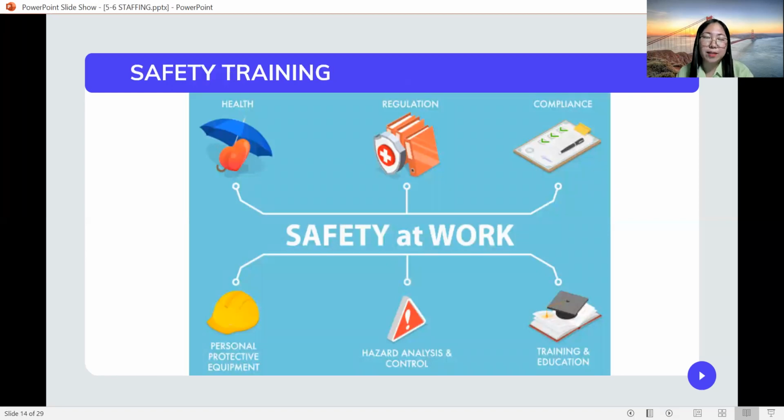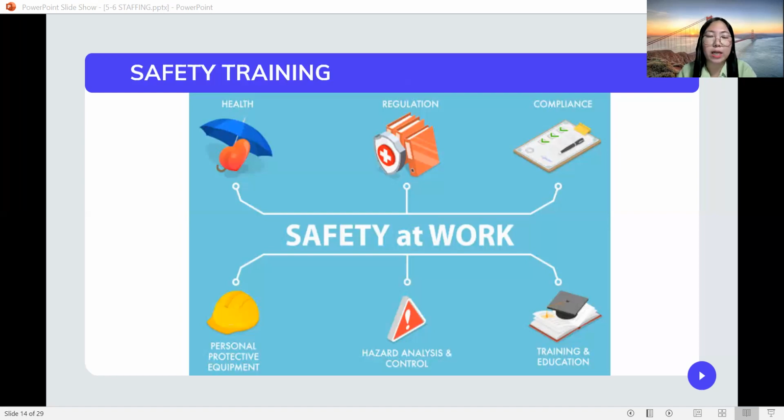So as you can see, the health, the regulation, the compliance, the personal protective equipment, hazard analysis and control, training and education. So these are some of the safety trainings we need at work. So a type of training that occurs to ensure all of our employees that they are protected from injuries caused by work-related accidents, and important for organizations that use chemicals or other types of hazardous materials in their production, di ba?